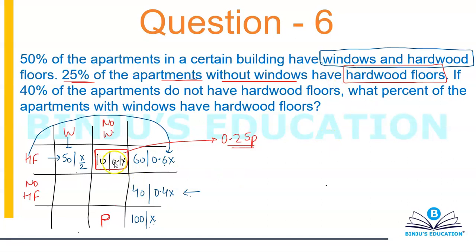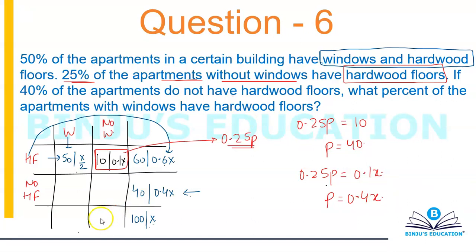So this value here, which is 10 or 0.1x, will be equal to 0.25 P. Now from here, you just need to calculate the value of P. So one case will be 0.25 P is equal to 10, which will give you P is equal to 40. Second is 0.25 P equal to 0.1x, which will give you P as 0.4x. So 40 or 0.4x. Let's plug in the values.